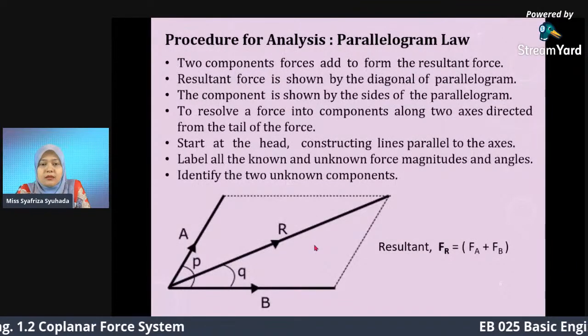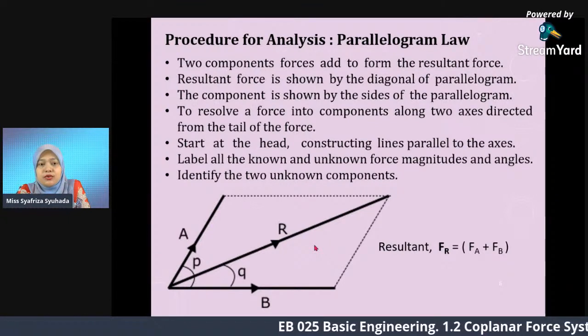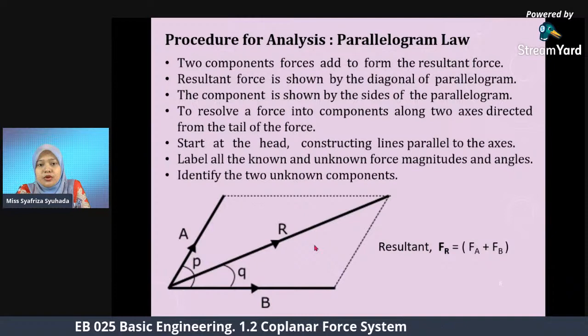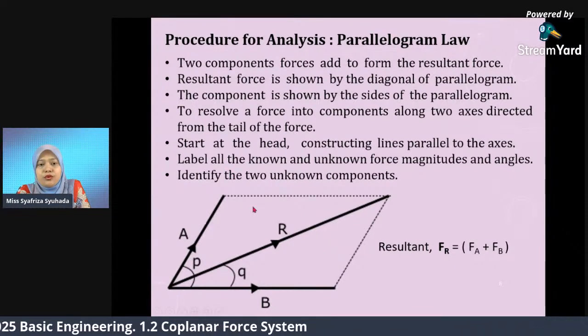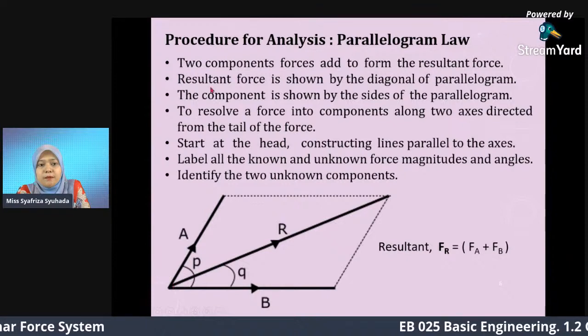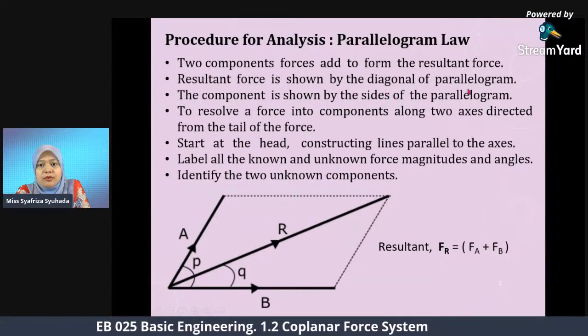Okay, number one. The figure shows the procedure of how to use the parallelogram law. When we have two forces at the same point, the two component forces add to form the resultant force. We use the diagonal of the parallelogram.